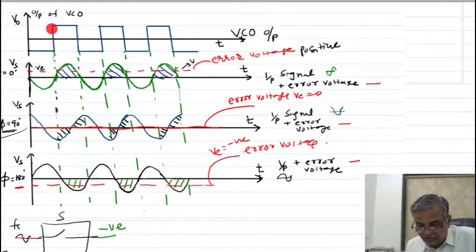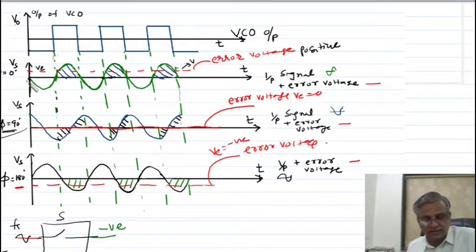When this is negative, this will be positive. So I am telling you, when there is a 180-degree phase shift between the square wave and input signal, then during the positive half of the square wave, only this much portion, only the negative half of the input will be passed to the switch. As a result, negative error voltage is developed.